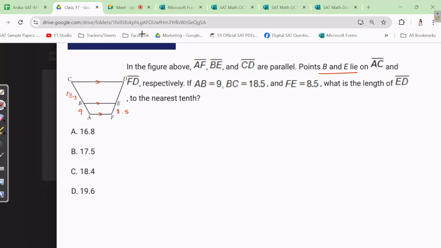So 18.5 over 9 is equal to 8.5 over... Wait, would it be 17.5? Yes. Okay, option B.